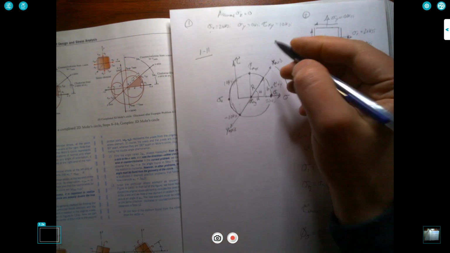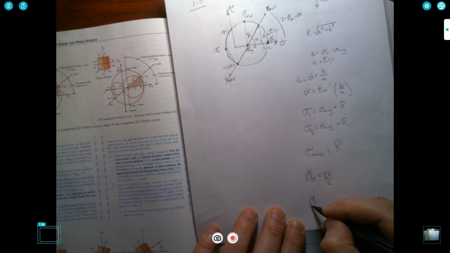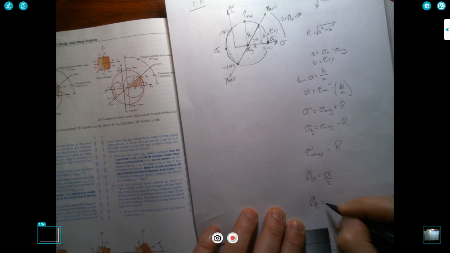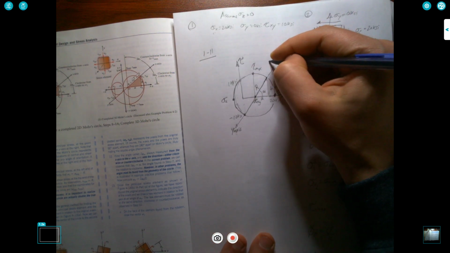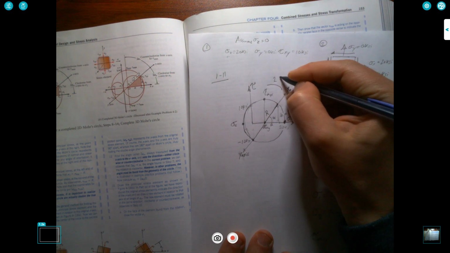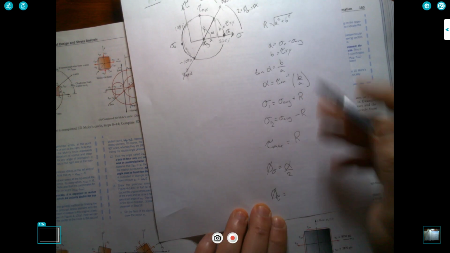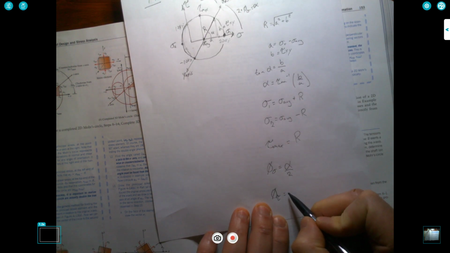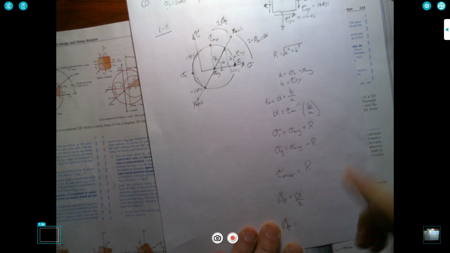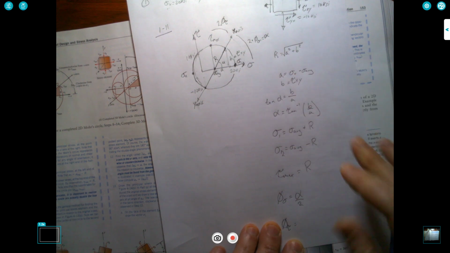And then finding your other one, well, it's really phi to max shear, we want this angle, right? And this angle is going to be 2 times phi theta. So our shear angle. So our element needs to be rotated clockwise. In this case, it needed to be rotated counterclockwise.